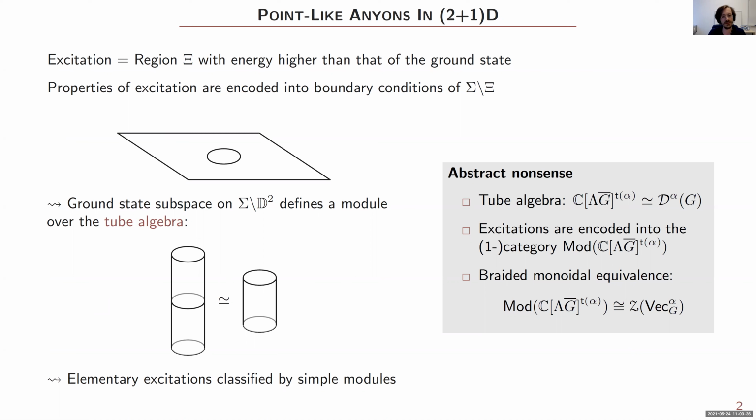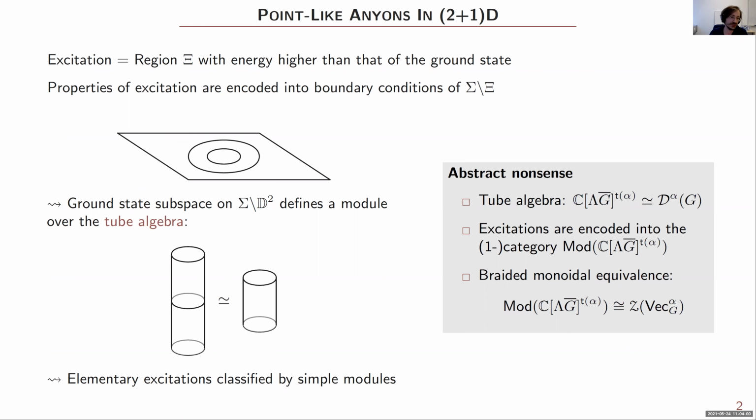To do that, we begin by noticing that we can always freely glue a cylinder on top of this puncture, and this does not affect the topology. We can just absorb the cylinder in a way. This topological statement then gets translated into an algebraic statement, namely that the ground state subspace on the punctured surface defines a module over some algebra.